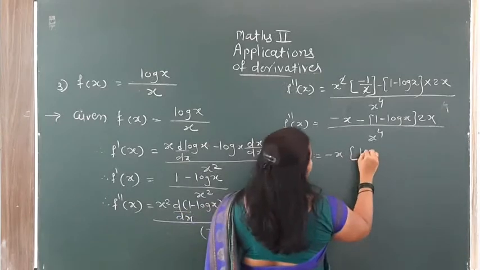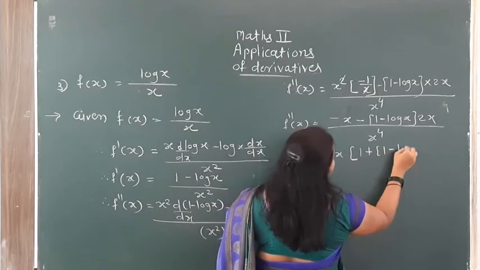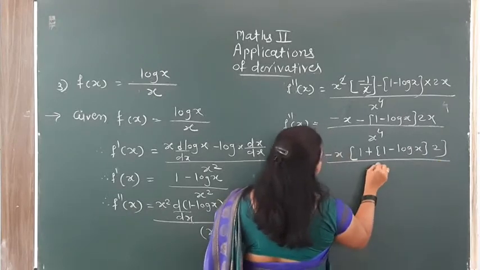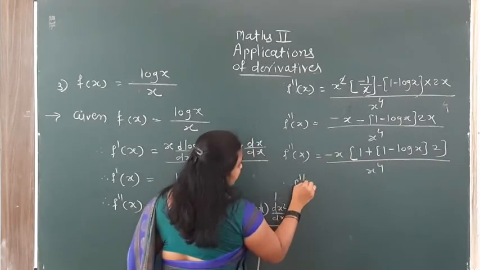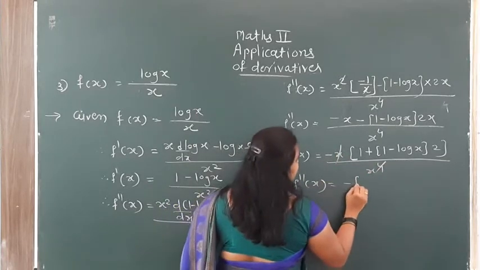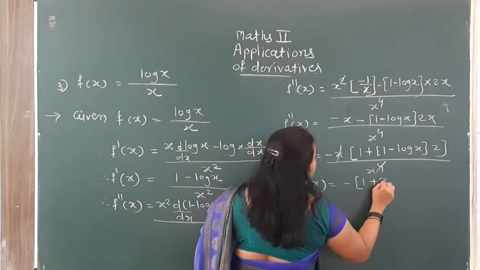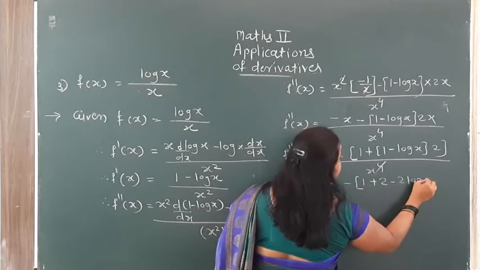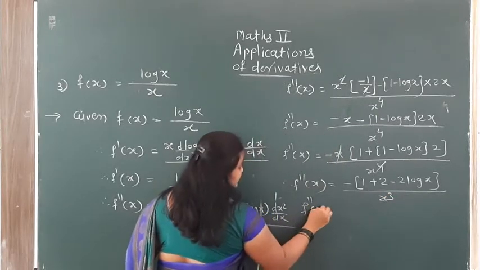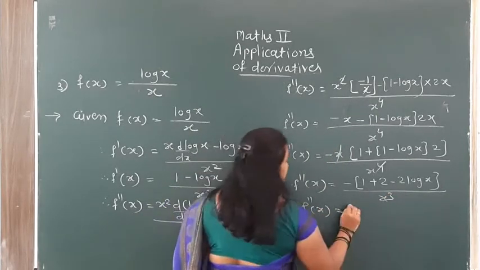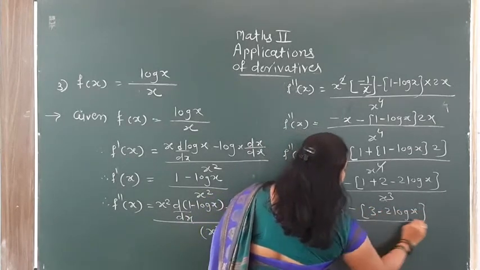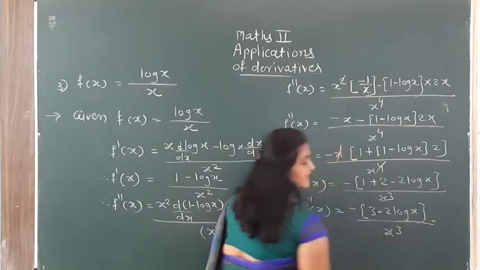Inside the bracket 1 plus 1 minus log x multiplied by 2, divided by x raised to 4. The x cancels, and simplifying, we get minus 1 plus 2 minus 2 log x divided by x cube. So f double dash of x is equal to minus the bracket 3 minus 2 log x divided by x cube. This is my double derivative.